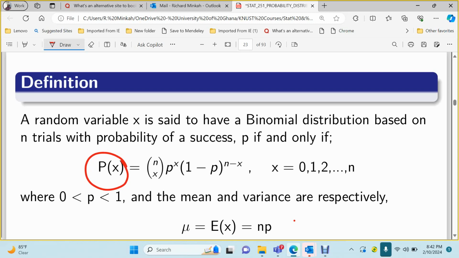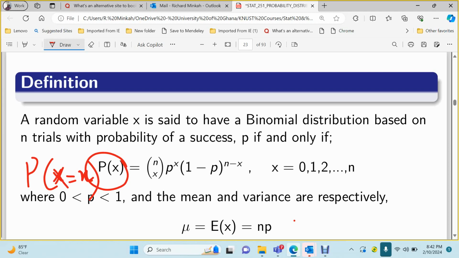Who can try? The exact thing we should put over there is what? Capital X is equal to small x. Good. Yes, the capital X has to be followed by small x. Good. Okay. All right.